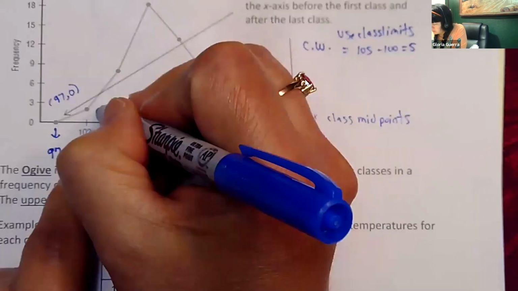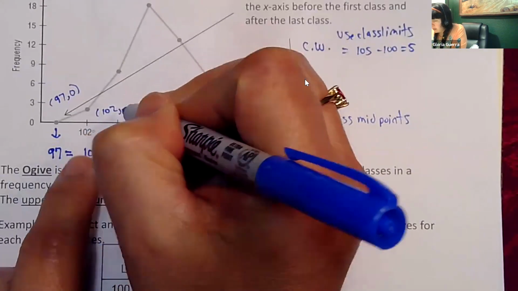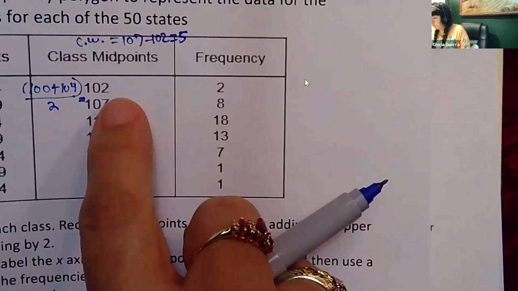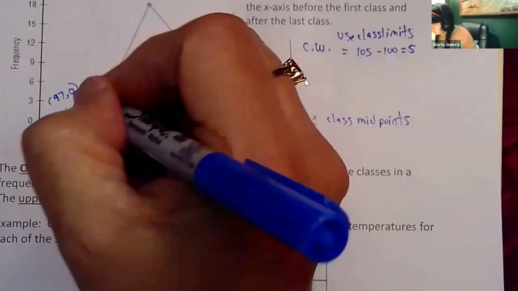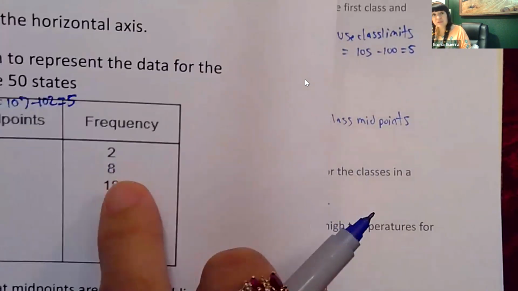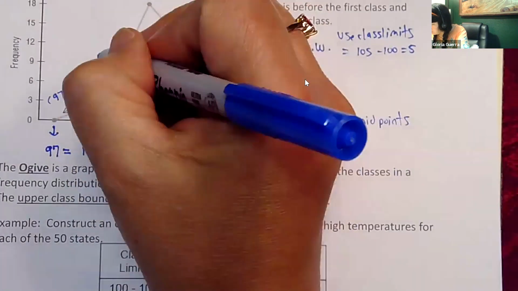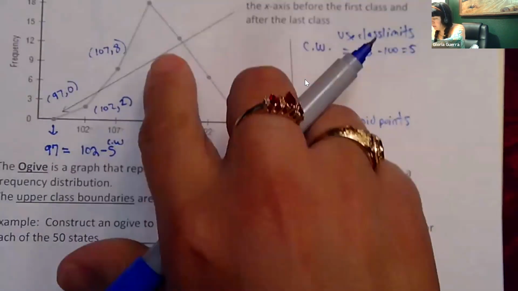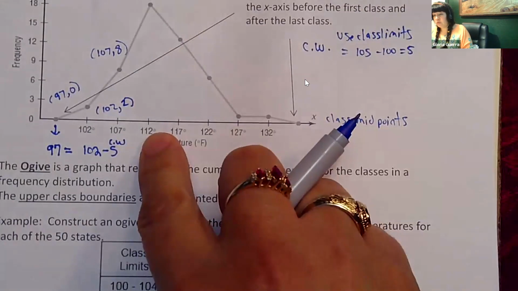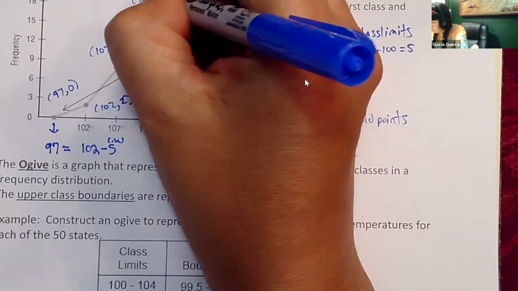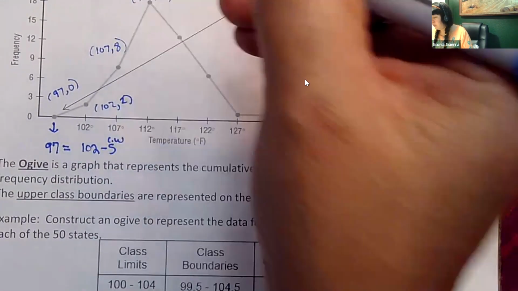This one here is 102, and the frequency is 2. This one is 107, frequency is 8. This top one looks like your peak, right? 112, and then 18. So you see where those are coming from.